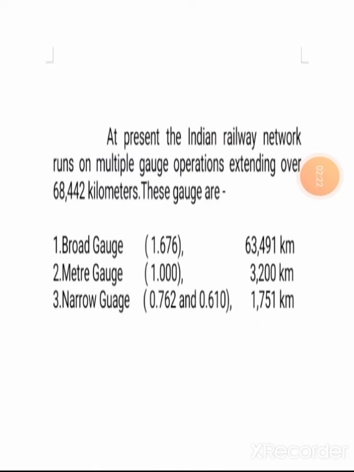At present, the Indian railway network runs on multiple gauge operations extending over 68,442 kilometers. These are broad gauge, meter gauge, and narrow gauge.